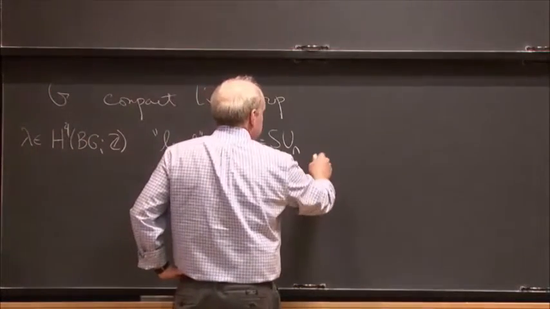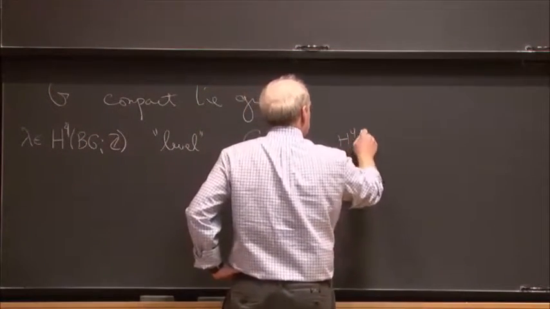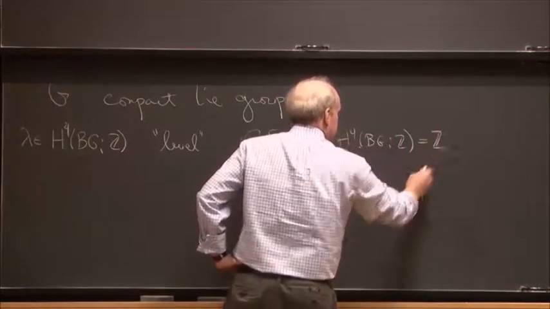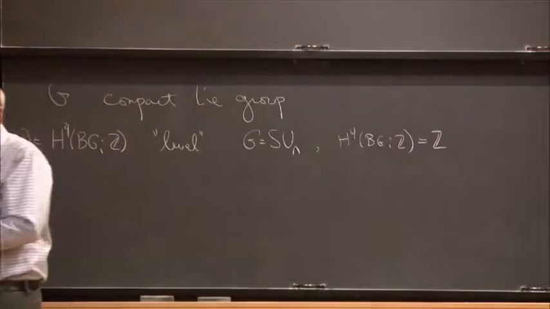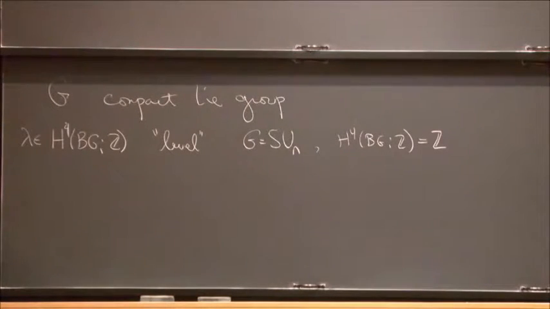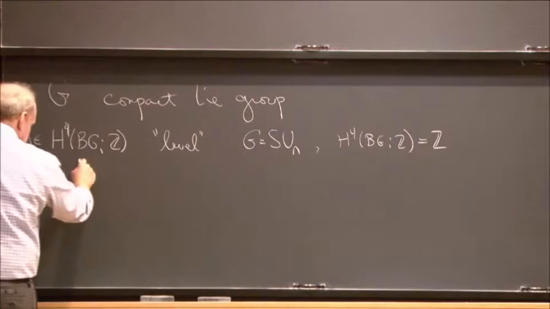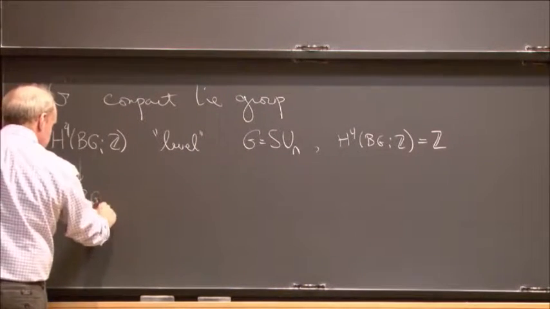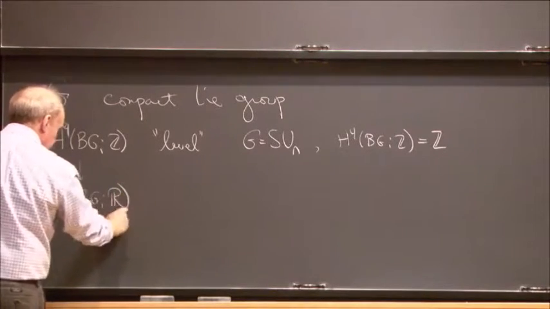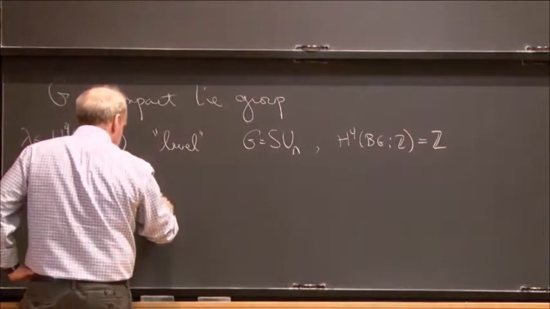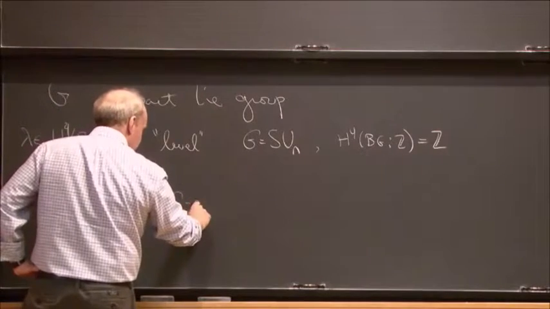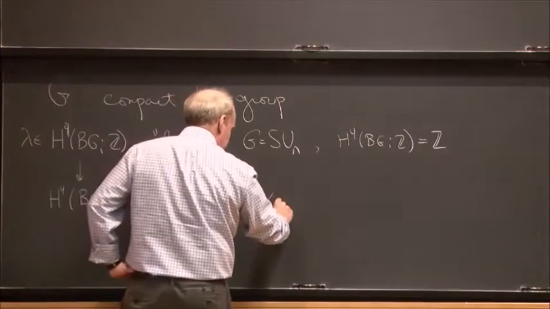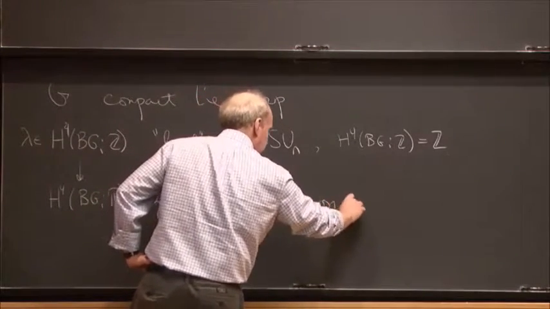And in that case, H4 is just canonically the integers, and that's what's called the level. One way to think of it is that this gives you a full lattice inside this vector space, and this vector space is the space of G-invariant bilinear forms on the Lie algebra.